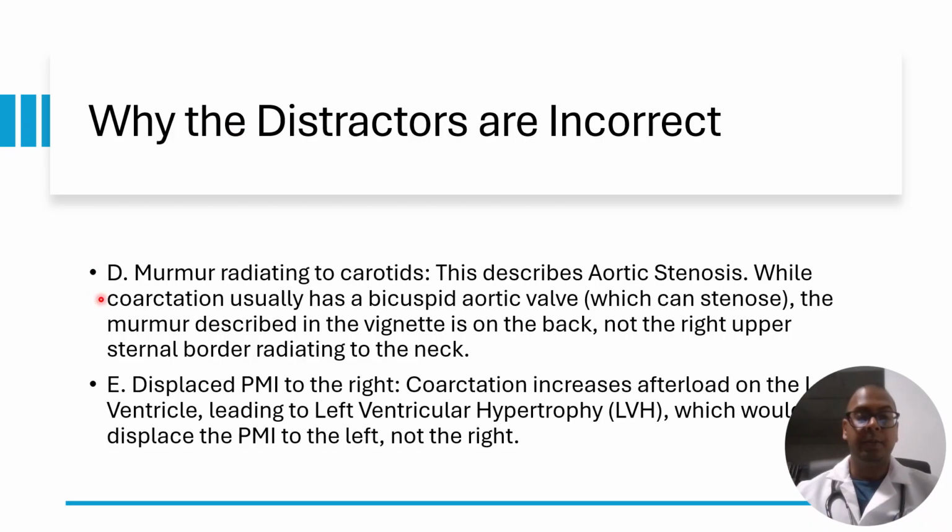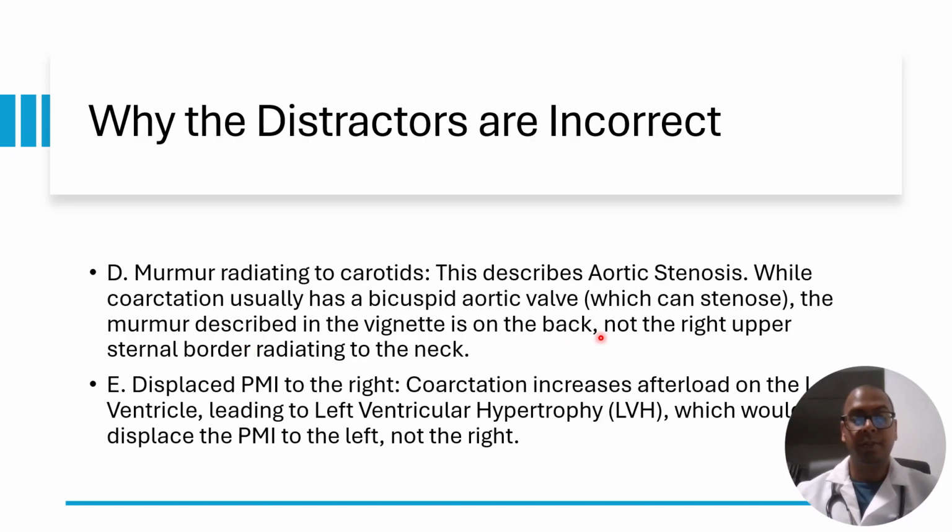All right, so D is incorrect because a murmur radiating to the carotid would point toward the aortic stenosis. But usually, while a coarctation does usually have a bicuspid aortic valve, which could produce a murmur radiating to the carotids, in our patient, that wasn't described.